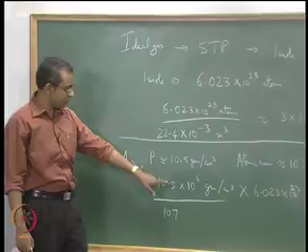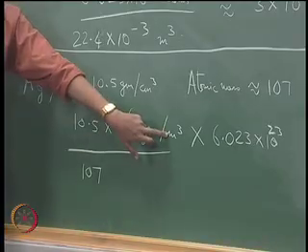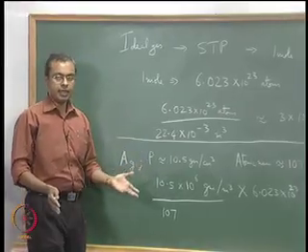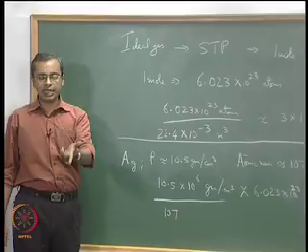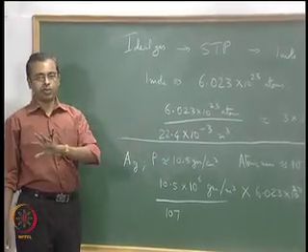Okay, so this is the density of silver, this is the atomic mass, so therefore number of moles per meter cube, and then times the Avogadro number gives you the number of atoms of silver per meter cube, and assuming that every atom has released one electron, effectively the same number of electrons per meter cube will be available to us.